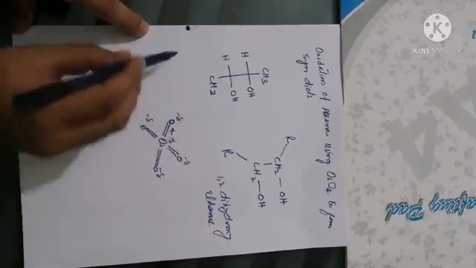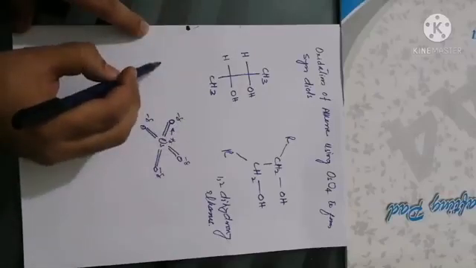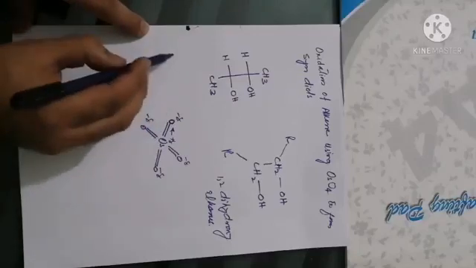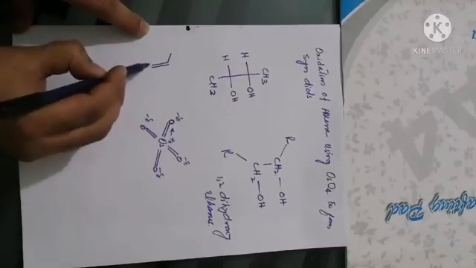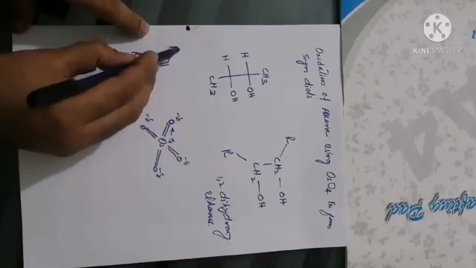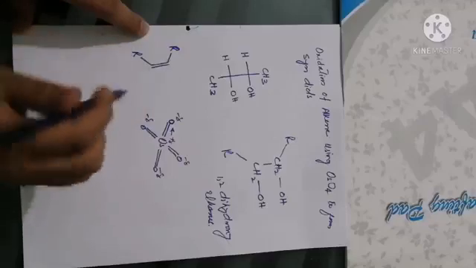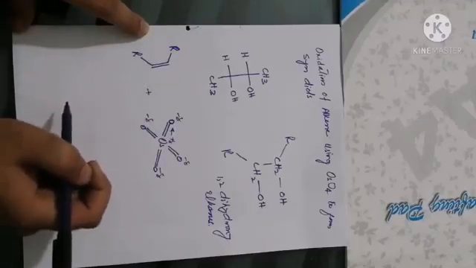And we know from our previous class that the alkene, its olefinic double bond, acts as a good nucleophile.